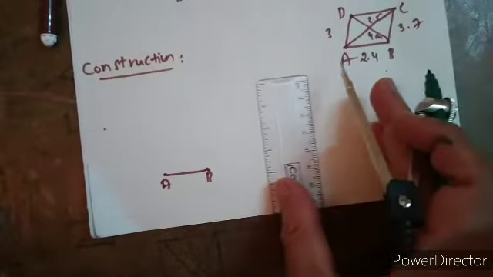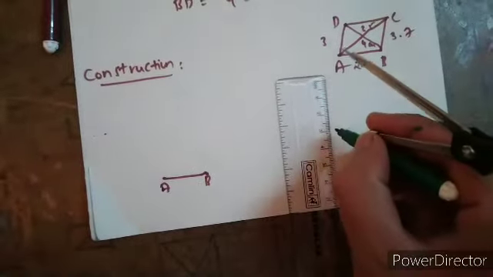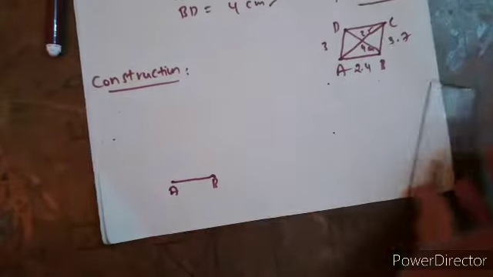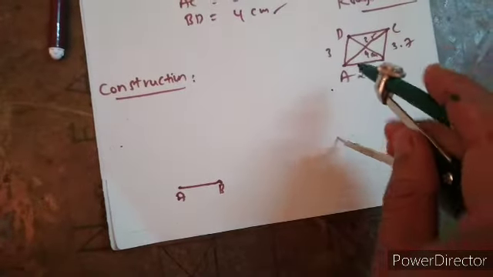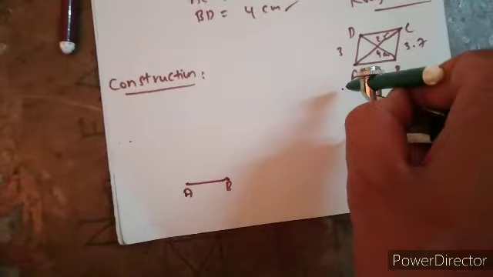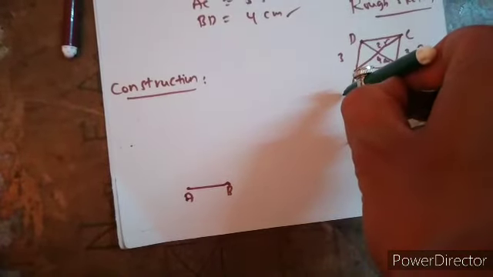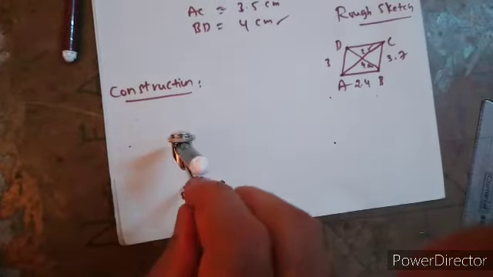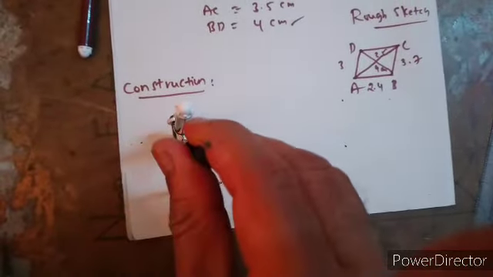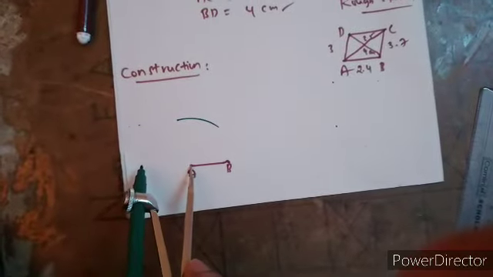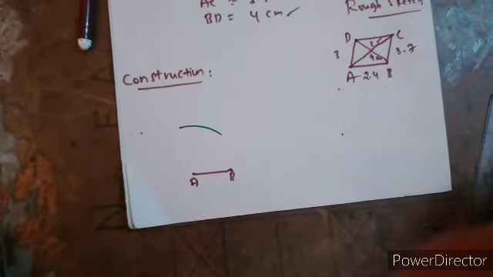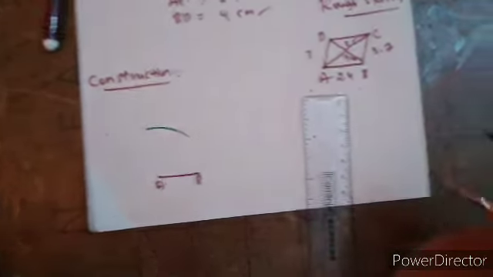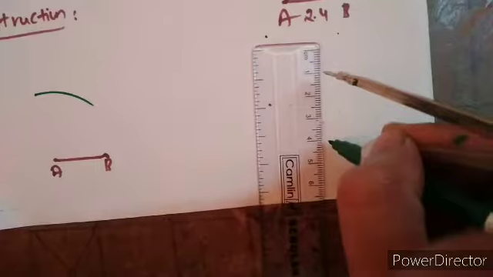You can take the 3 centimeter scale. This is the starting line of 3, so that you can take it as a measurement. AD is nothing but 3 centimeters. You can draw an arc like this. And BD, we have 4 centimeters.